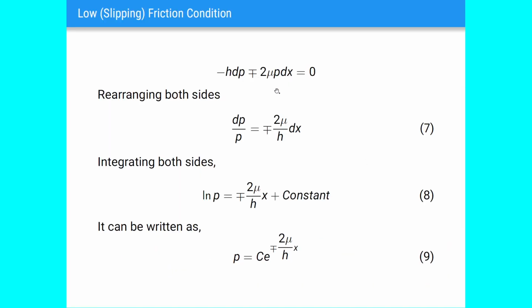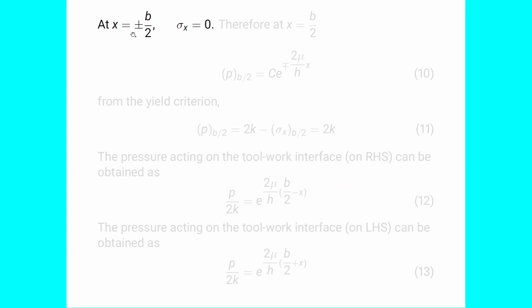Sigma x would be 0 at x equal to plus minus b by 2, whether we are considering the right hand side or the left hand side. On any side, the value of sigma x would be 0. So at x equal to b by 2, you can calculate the value of pressure. So p at b by 2 equals c e raised to the power minus plus twice of mu upon h into x. And this is equation number 10.